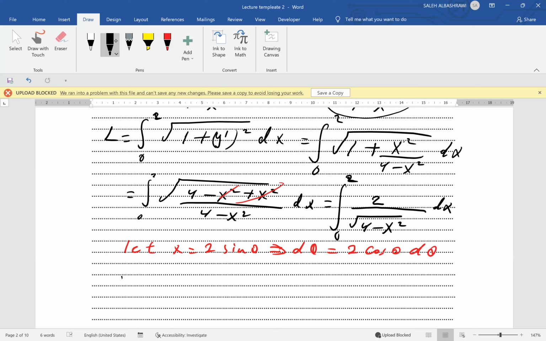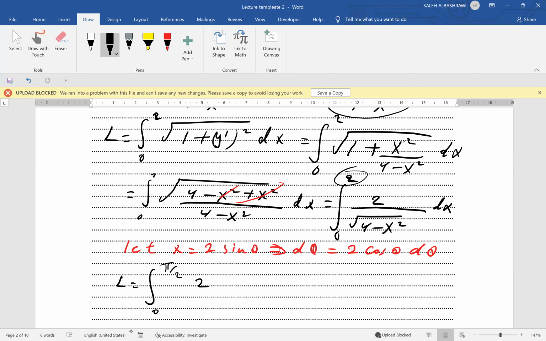I need to change the limits. When x equals 0, I will have theta equal to 0, and when x equals 2, replacing x by 2, I will have pi over 2. When x equals 2, I have 2 equal to 2 sine theta, so sine theta equals 1, which means that theta equals pi over 2.